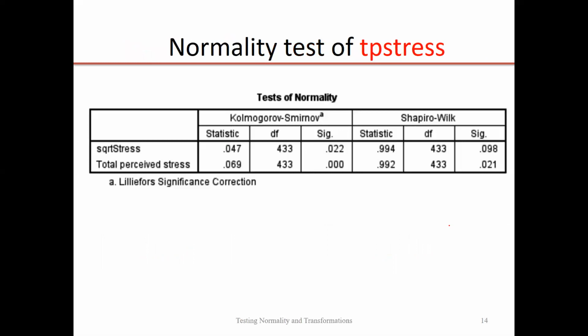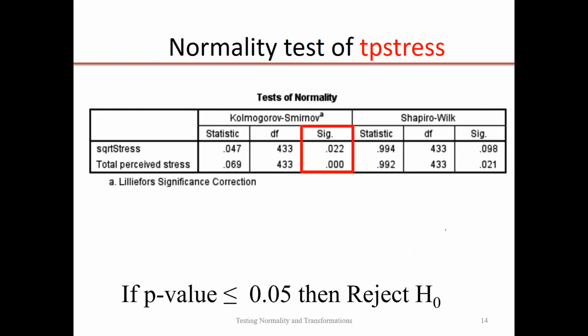Now these are the tests of normality for stress and the square root of stress. Again, we can see that the p-value is 0 and the p-value becomes 0.02. So the Kolmogorov test still states that the data is not normal at the 5% level of significance, while the Shapiro test suggests 0.98, which is greater than 0.05.